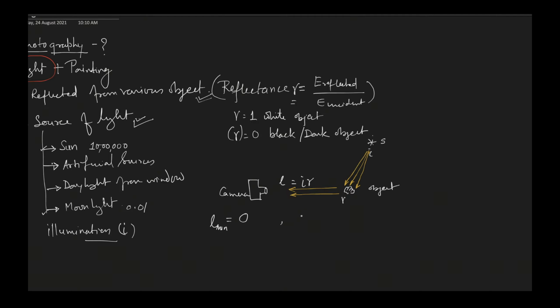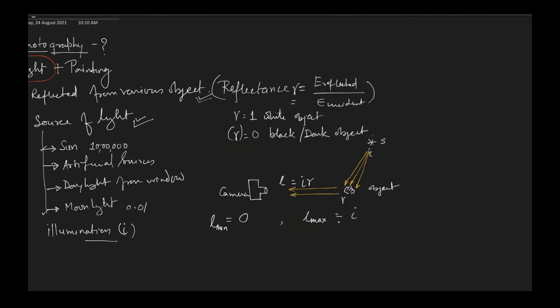When will be L maximum? R is equal to 1. So when R is equal to 1, it is equal to illumination, correct? Suppose light is coming from sun and you put a mirror. A lot of light will be reflected.